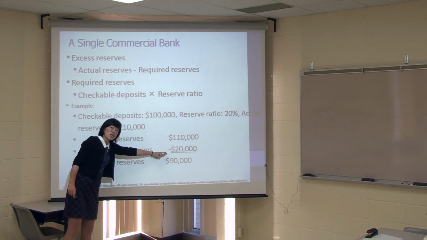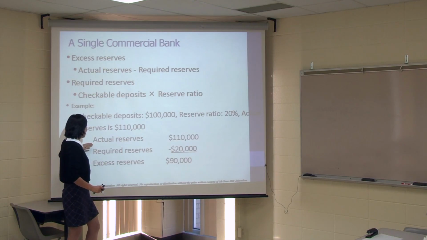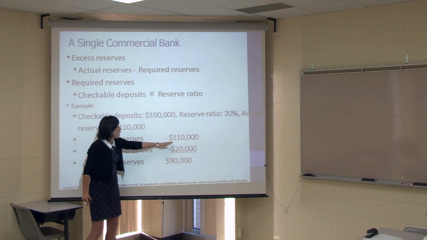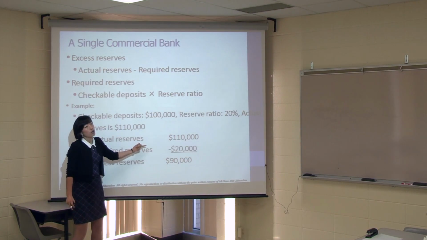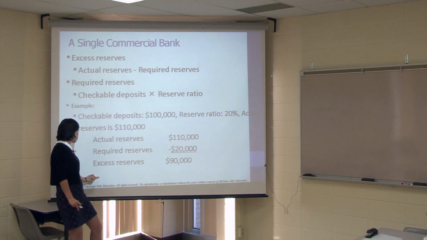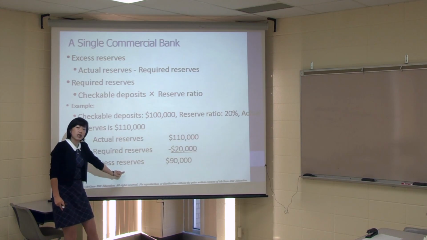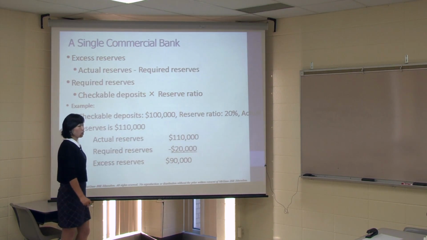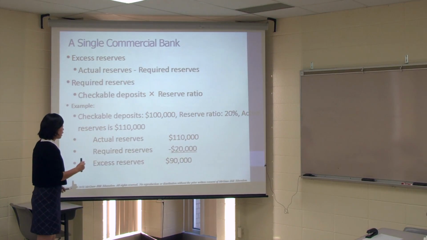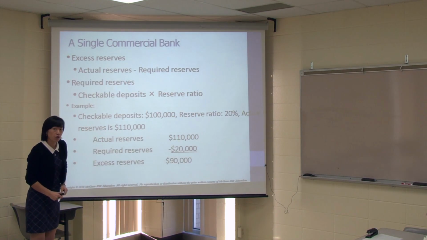But as you see, in reality, this commercial bank decided to put over $110,000 as the reserve. So the difference between the two we call excess reserve, which is $90,000, that the commercial bank can always call back for their own use.